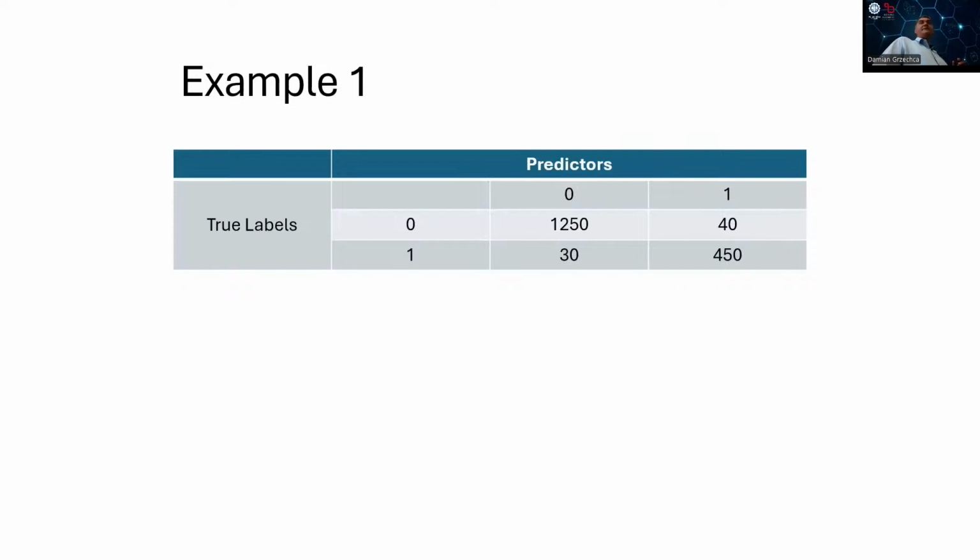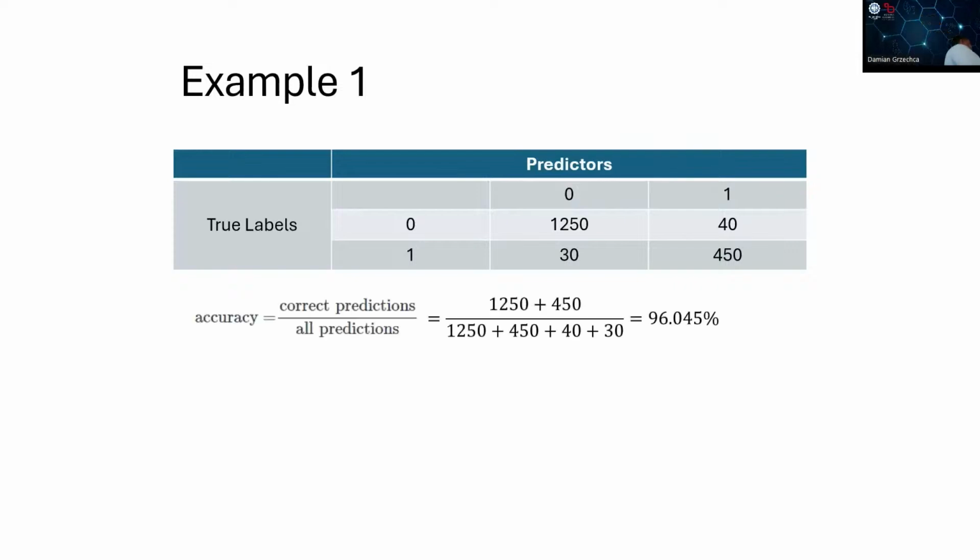Definitely it is more than 90, because of what should be in the numerator: 1250 plus 450 divided by the total number in the data set, which comes from the confusion matrix. So it's 96.45%. That's the accuracy.